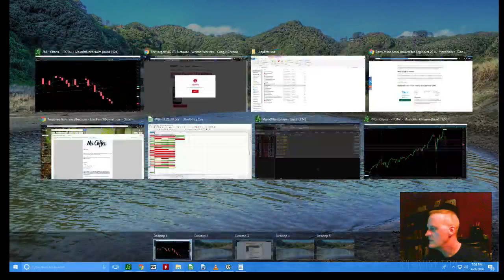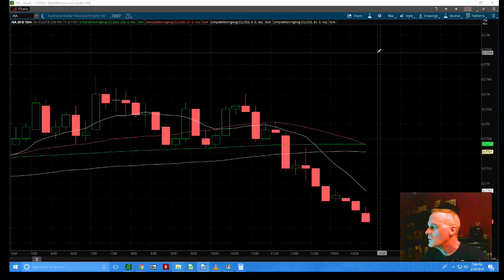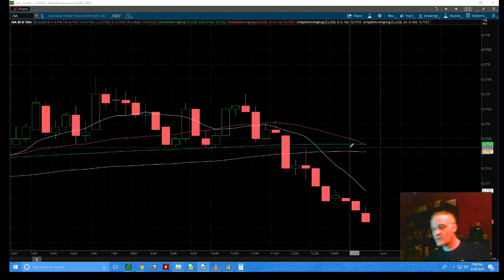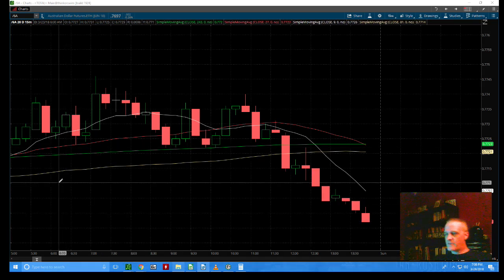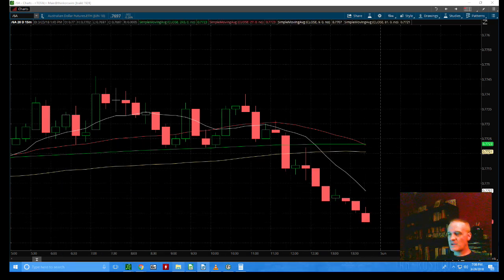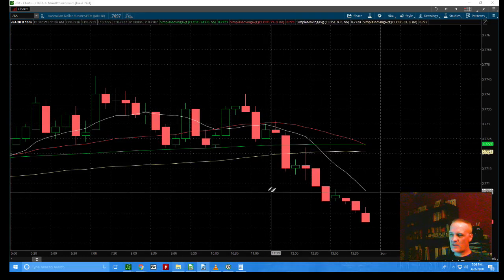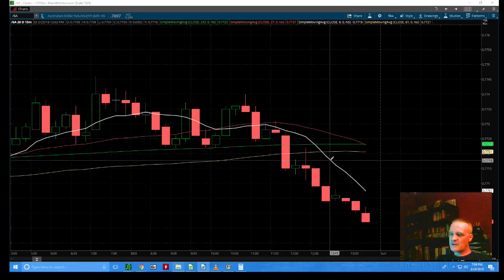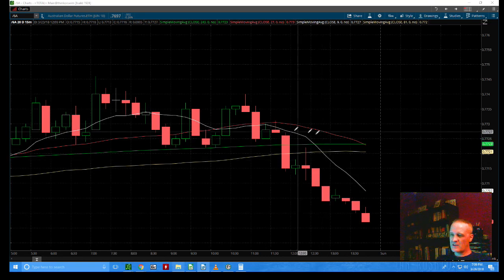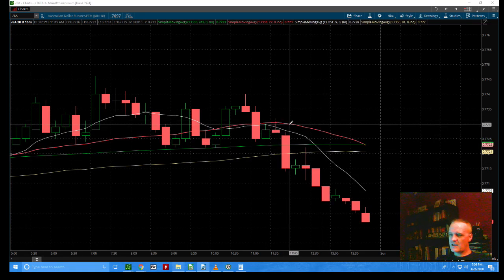Okay. Now, like I said, there's fast versus slow indicators, and one of the things that's important about fast versus slow indicators is that they can be used to identify or confirm trend changes. So in this example that I've got right here, remember the white indicator is the 9-period moving average, and this red indicator here is the 27-period moving average.